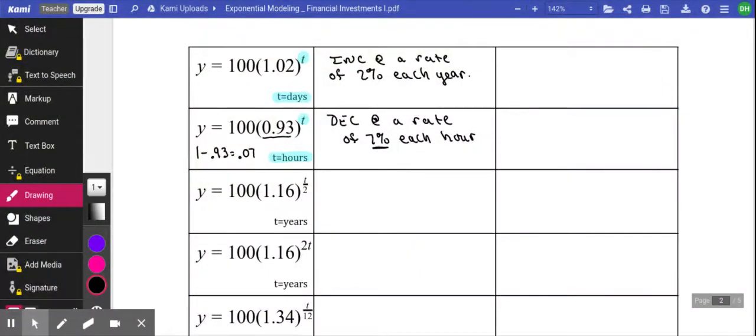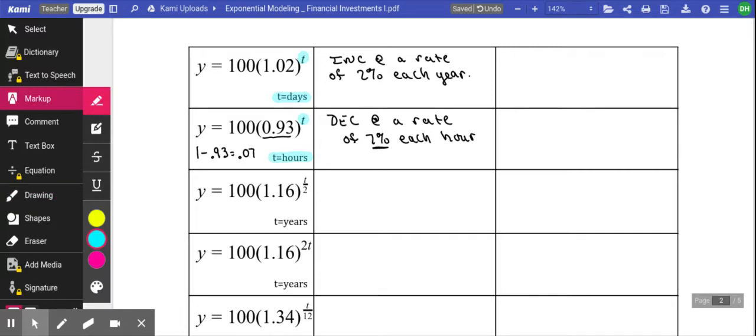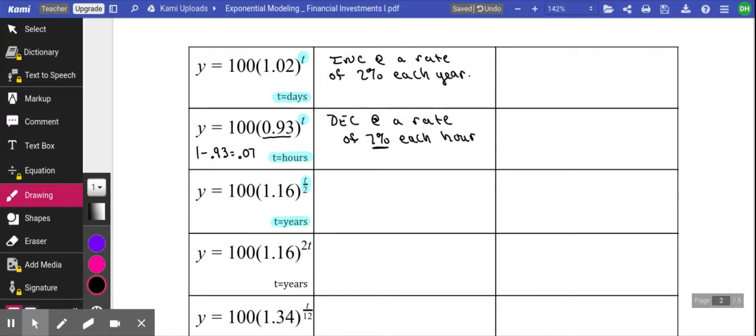All right, now things are going to gradually get a little more interesting. So let's go back to t measured in years. If I saw t divided by 2, what I'm saying is that the coefficient of t is a 1/2. So what we'll say is we're increasing at a rate of 16% every, how often? Every 2 years.